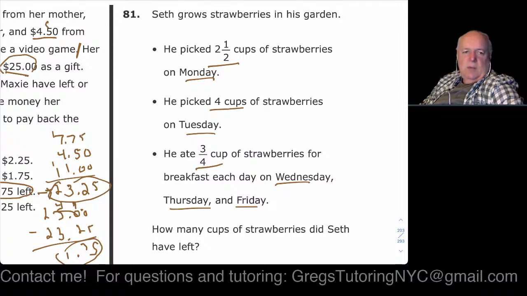So if we work on the ones that he accumulated, let's change this to green to mean basically he's adding up. So from the first 2 bullets, we have 2.5 plus the 4, which is going to be equal to 6.5.